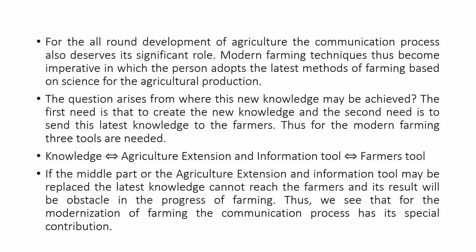Where science would come in is all the latest research that has happened in the sector, the research findings that come out of long lab-based experiments or field-based experiments that happen from time to time, which could create modern farming techniques. Modern farming techniques would help in better production, better yielding.